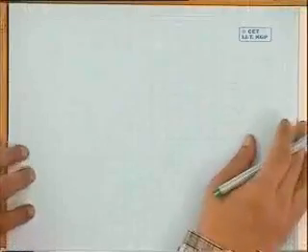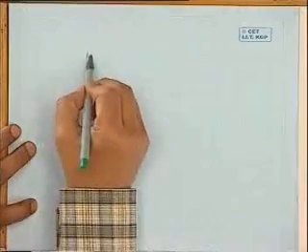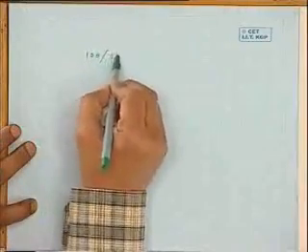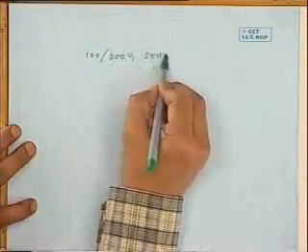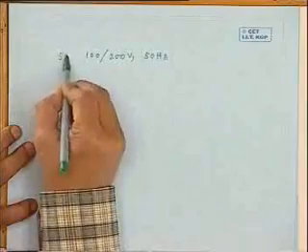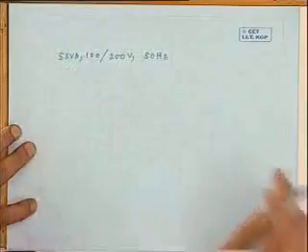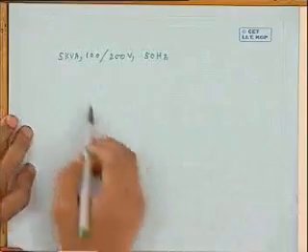So remember, so far as the rating goes, I will now come to the rating of the transformer. Suppose the nameplate rating is 100/200 volt, 50 hertz, and suppose a 5 kVA transformer.